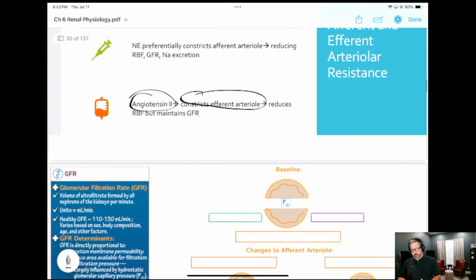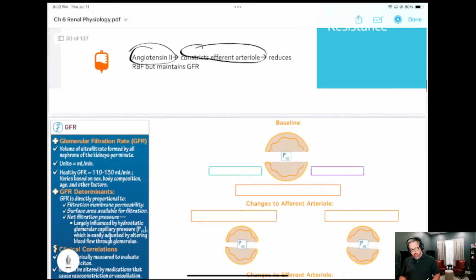If you had to get somewhere and you got traffic, and the traffic is on the efferent side, you can't leave wherever you're going, so you're stuck where you are. Because you're stuck where you are, think of it as blood. Blood's going to get stuck in the glomerulus, which is right here in the middle.